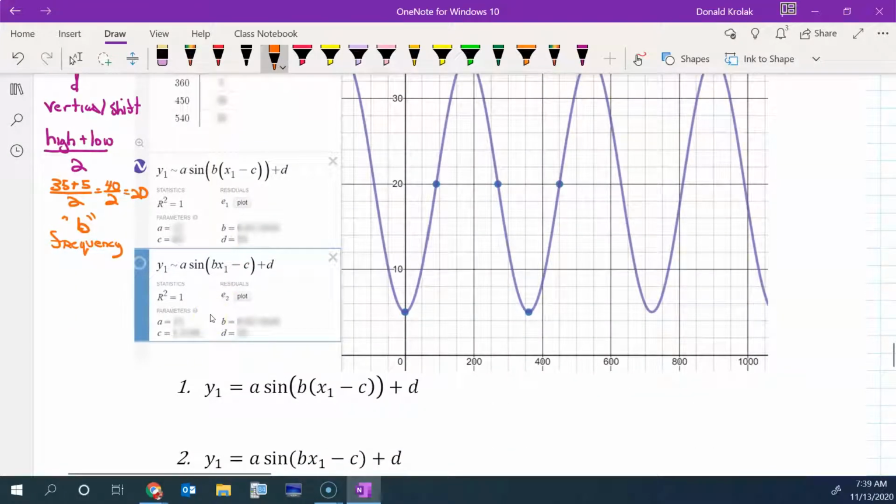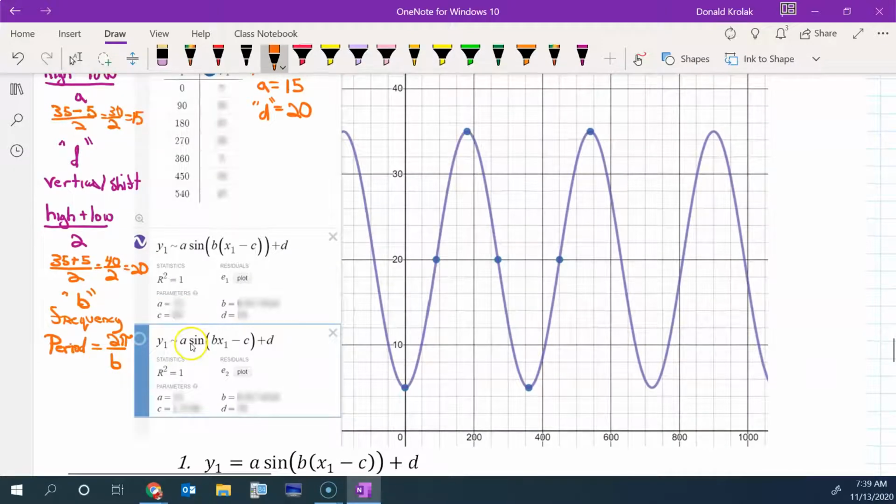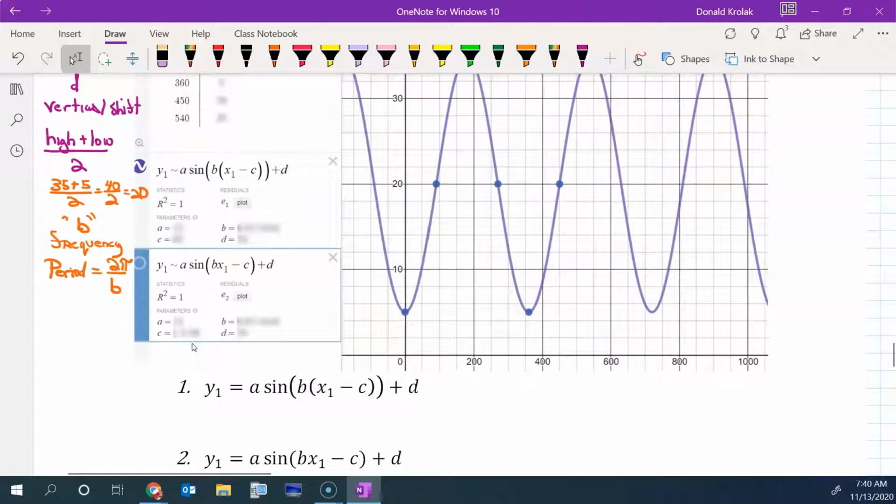To get B, we use the formula for the period of sine. The period of sine equals 2 pi divided by B. If we know the period, we can put it in and solve this for the letter B.